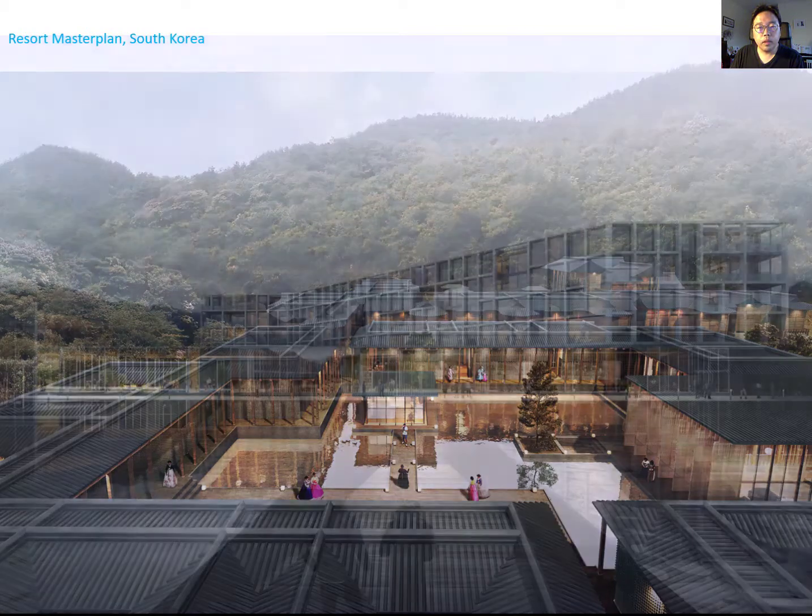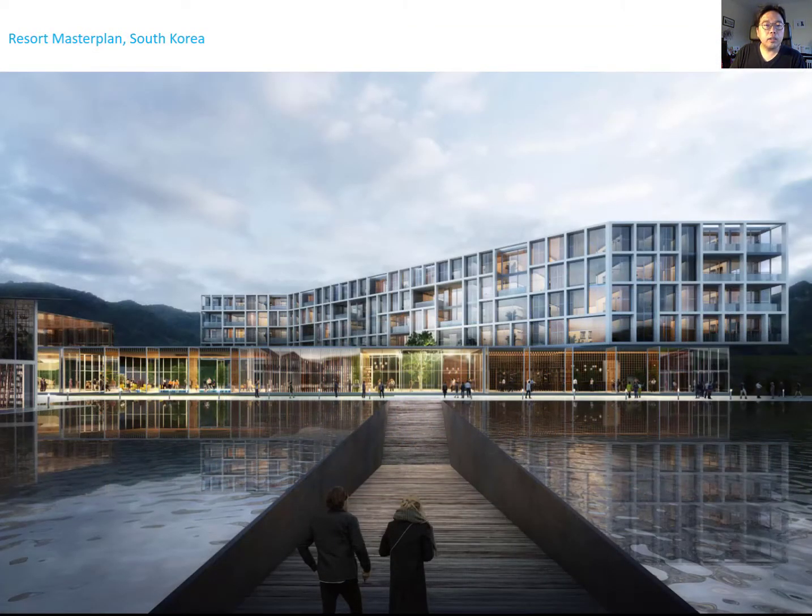Okay. So we also have to provide a modern and contemporary looking hotel as well. Our facade is inspired by the traditional gate pattern, so we adapted this gate pattern to the facade.